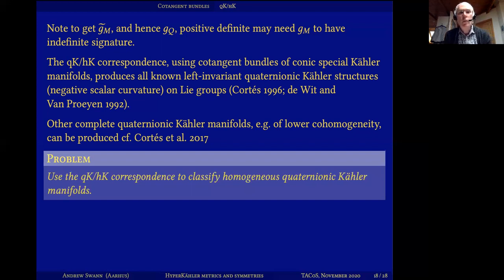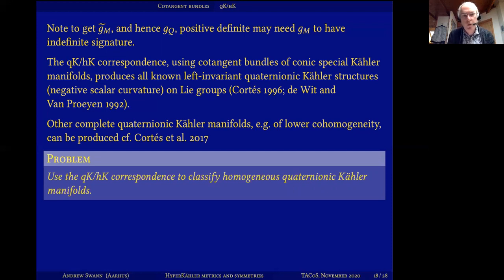But the general question of classifying quaternionic-Kähler metrics on homogeneous spaces and on Lie groups still remains open. This is a special case of the Alekseevsky conjecture. But in the quaternionic-Kähler case, there are a number of other tools such as this that you might be able to use.